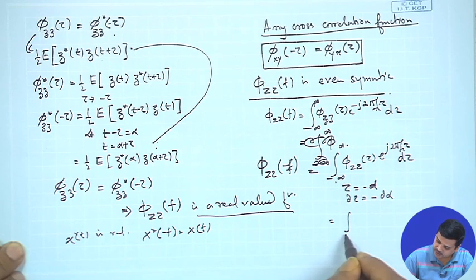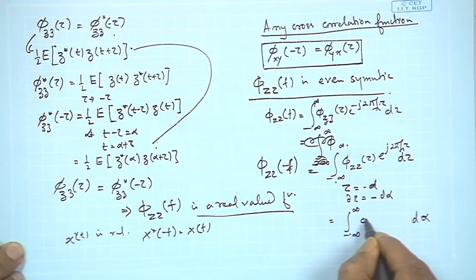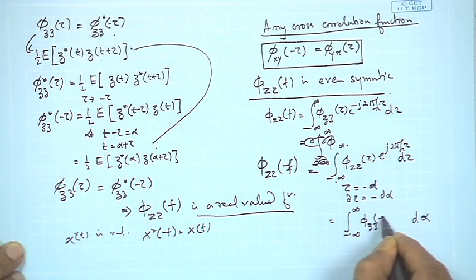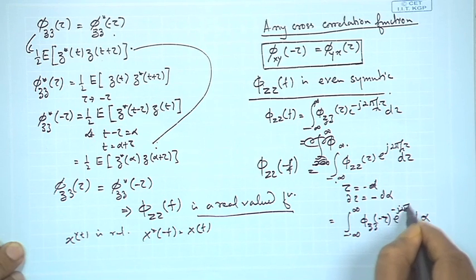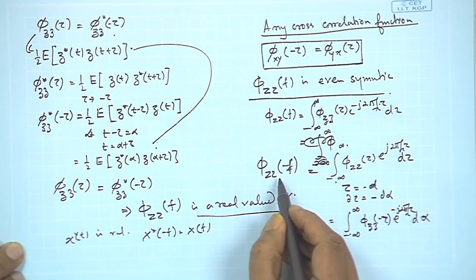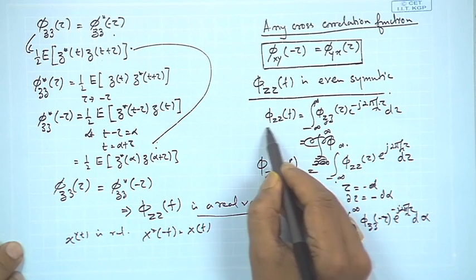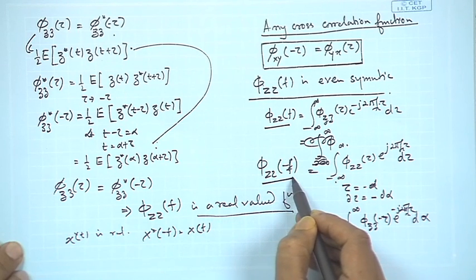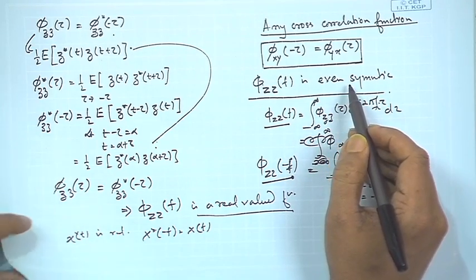So, you are going to get minus infinity to infinity, d tau can be replaced by d alpha, and there you are going to get phi z z of minus tau e to the power of minus j 2 pi f tau is equal to this. So, through this we could establish that phi z z of f is equal to phi z z of minus f, that means it is an even symmetric function.